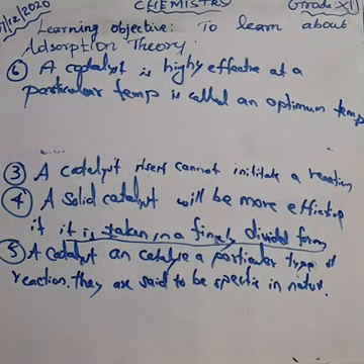A catalyst is highly effective at a particular temperature is called optimum temperature. That is about the 6th point.